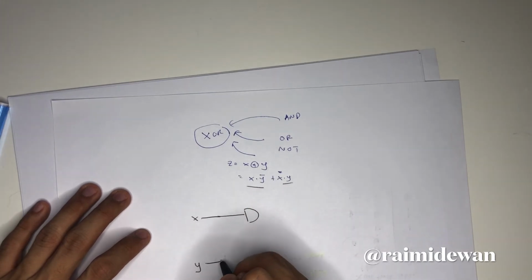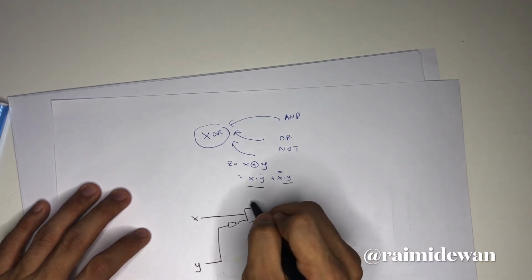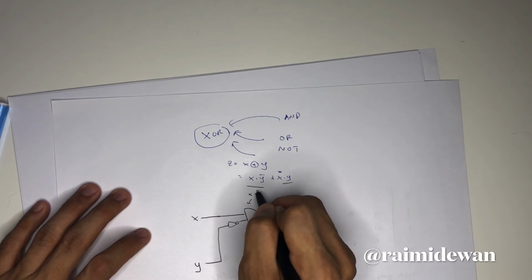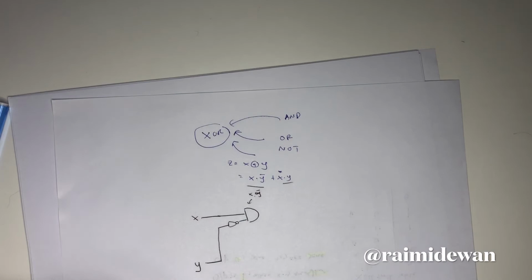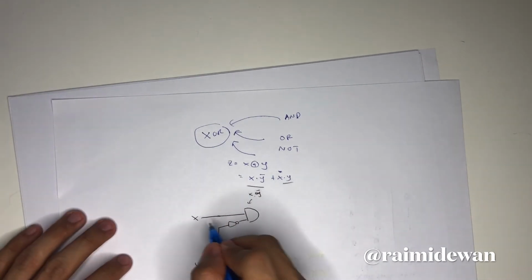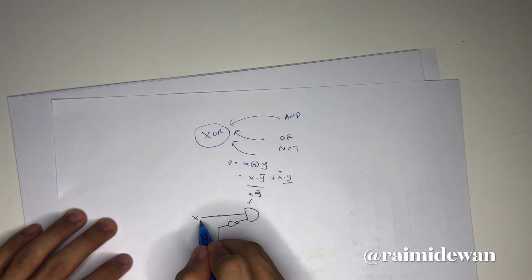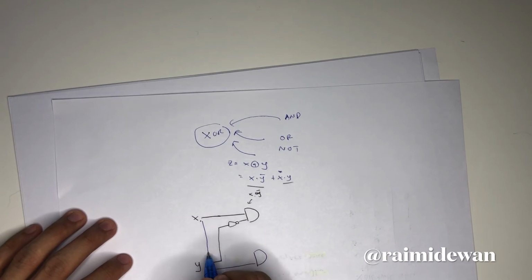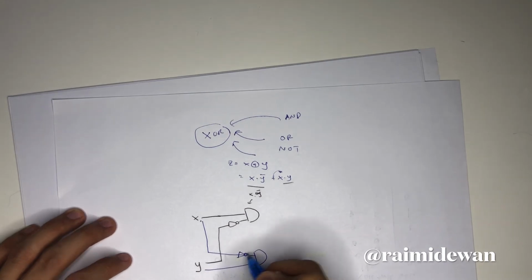Invert. This is your x, y bar. Then the next combination is that you have your x bar and y. So you have your y and you have your x, but inverted, so you have your NOT.